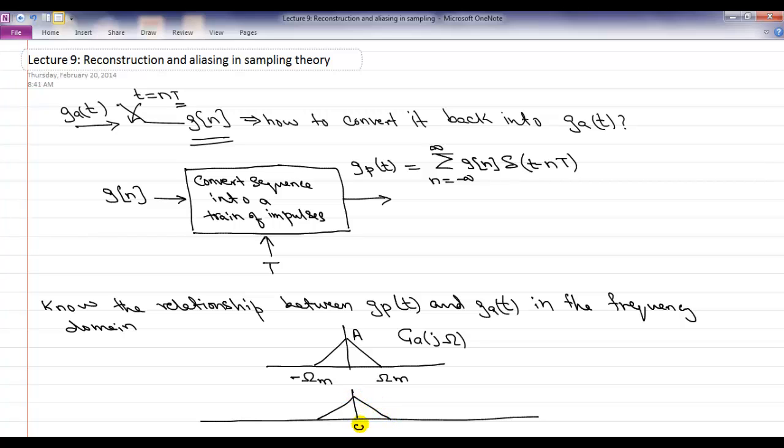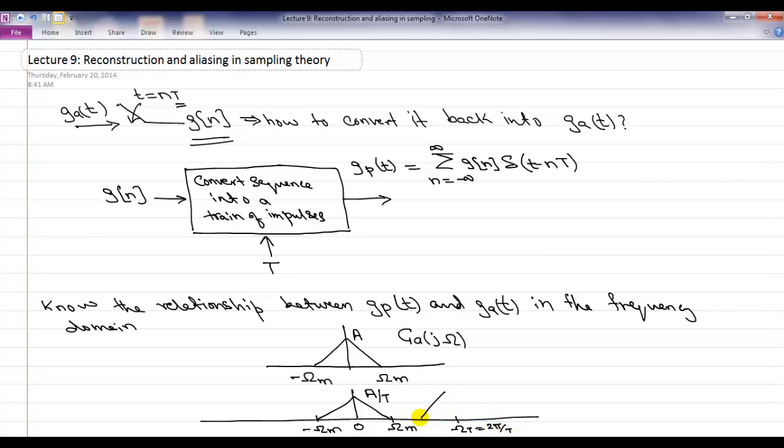The zeroth copy stays where it is, between minus omega_m and omega_m. The difference is that the amplitude gets scaled by 1 over T. So instead of amplitude of A, all the values get scaled by 1 over T, so A over T. And then you get additional copies. One copy is at omega_T, which is 2 pi over T.